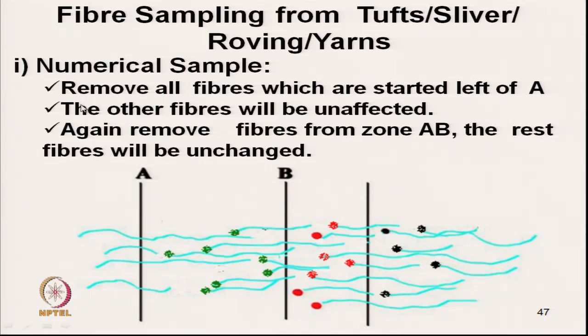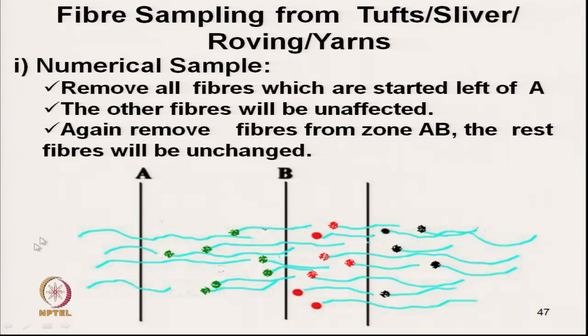Now, in this numerical sampling, we remove all the fibers which start at the left of line A. Suppose this is the sliver, and we have drawn imaginary lines A, B, C, D. First we take all the fibers at the left side of line A. So, we have taken out 1, 2, 3, 4 fibers.